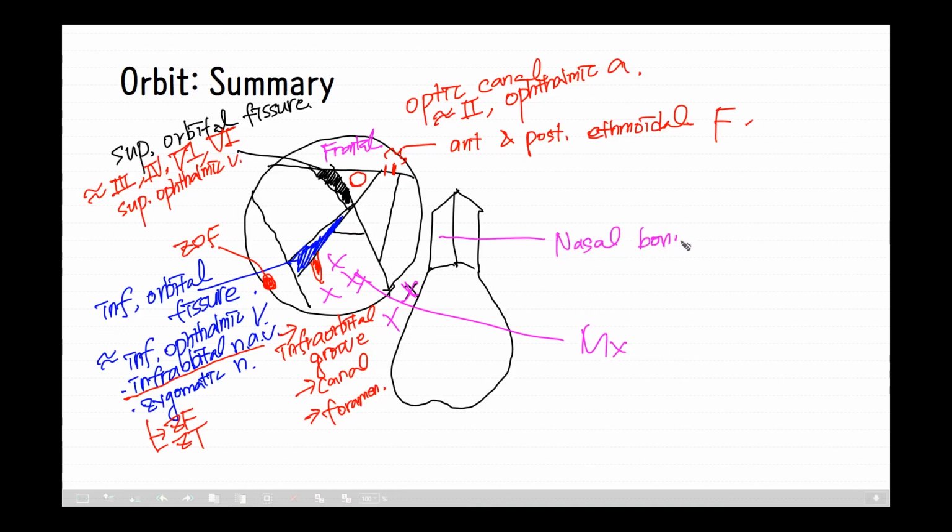and then this is a lacrimal bone. Probably there is a posterior lacrimal crest and the anterior lacrimal crest, and combining them, the nasolacrimal duct. And this yellow-green area is an ethmoid bone.